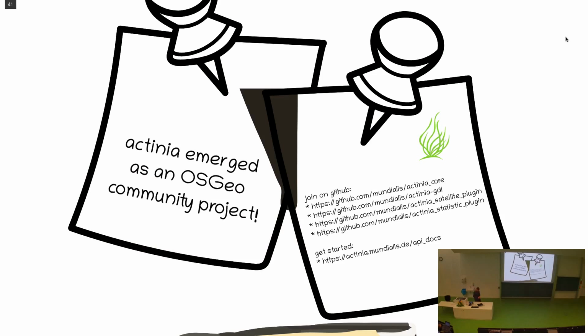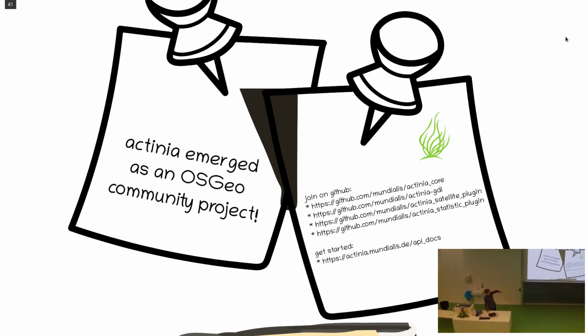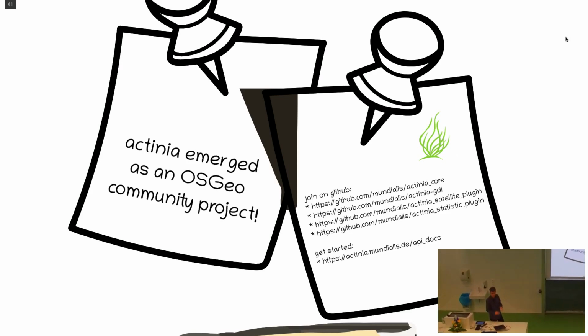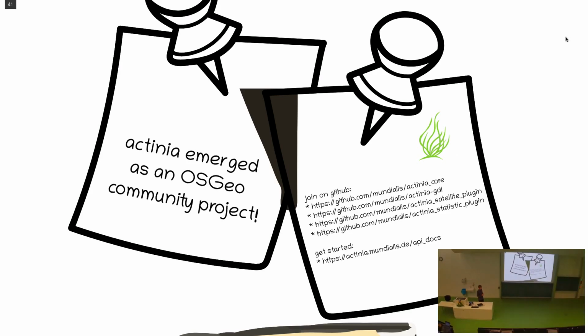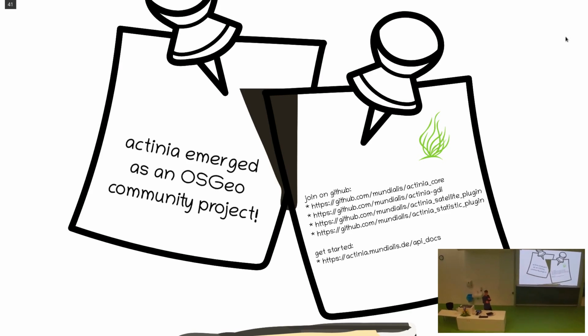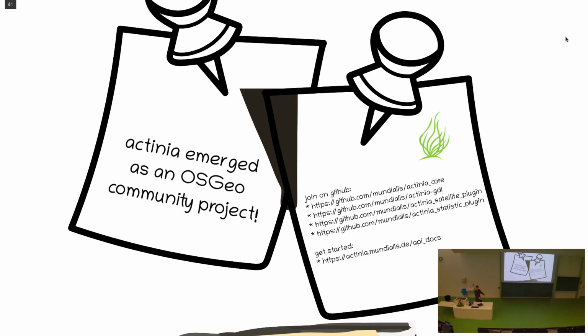The code is available. You can see there we have also a GDI, that is an interface to metadata management in GNOS, GeoNetwork open source, so that we can retrieve also where are the sources. So you put all the, let's say, all your list of metadata into GNOS, and then Actinia Core can ask, okay, tell me where I get this map.